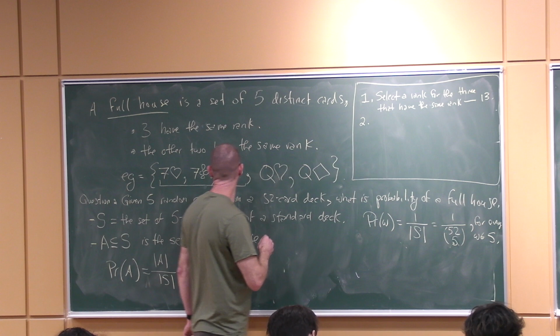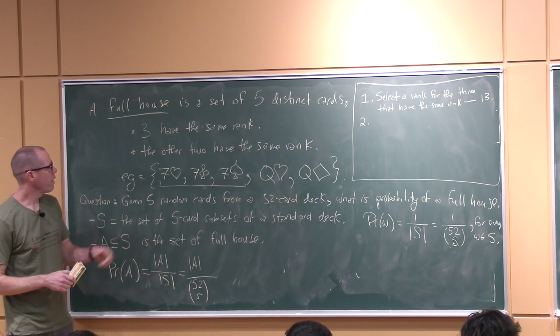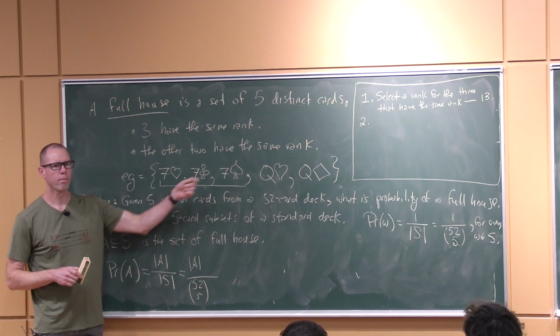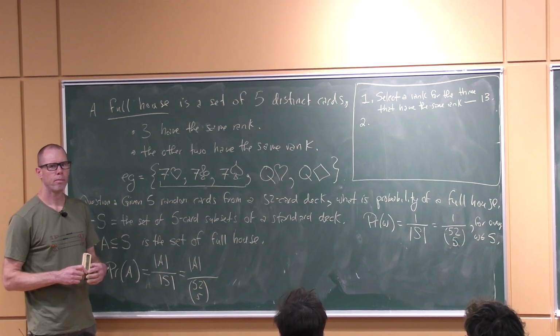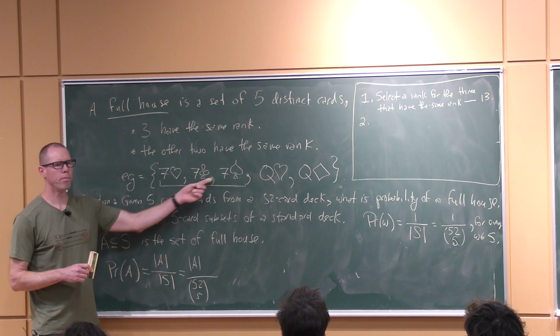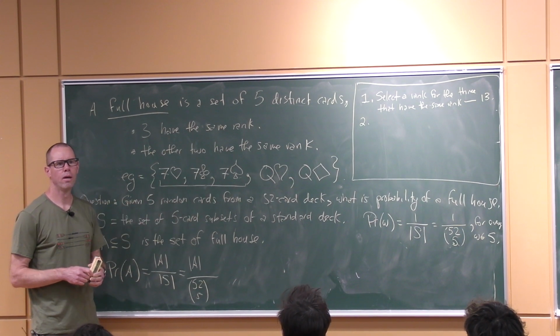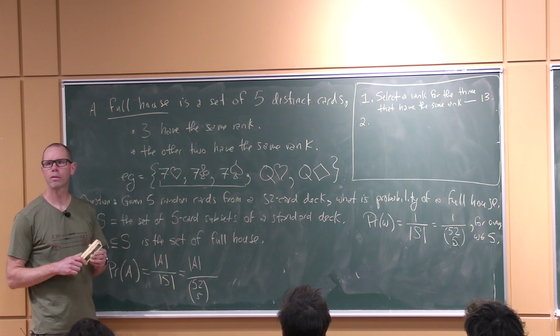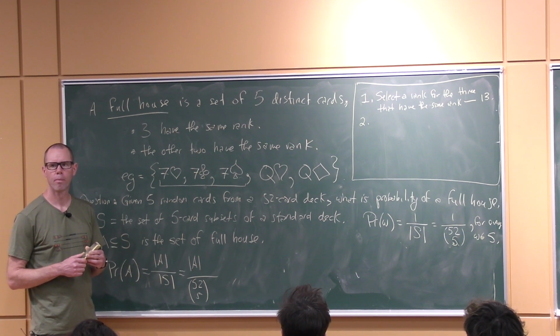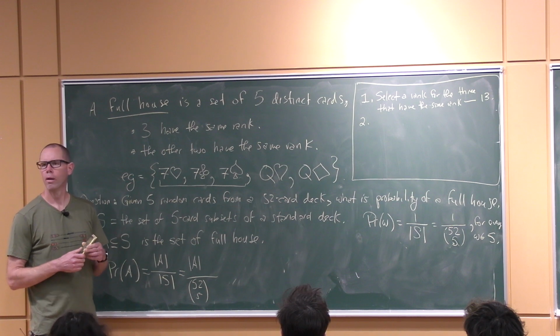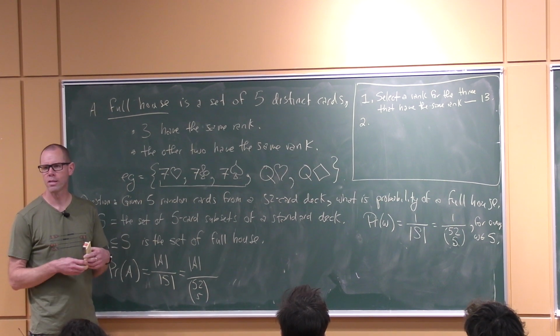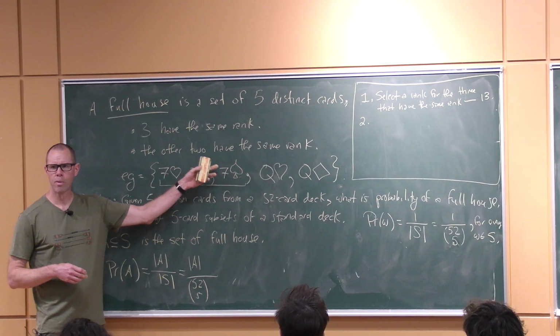Step 2, so now I've decided, for instance, here, that I'm going to have 3 7s. So if I want to finish up describing these cards, what's left? Sure. Or choose the 3 suits that these things will have, right?